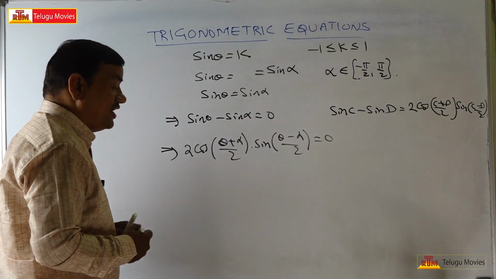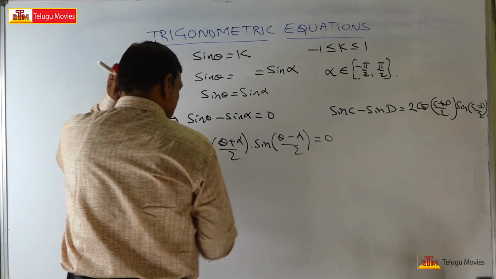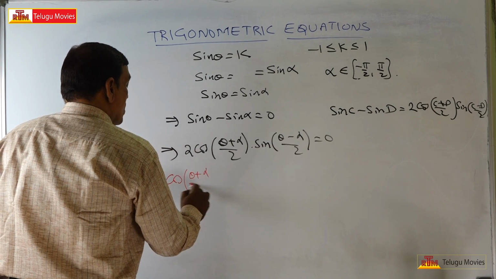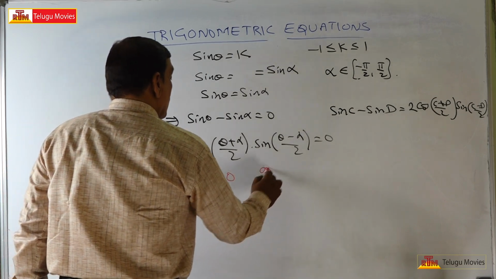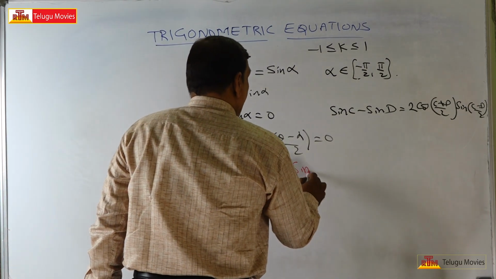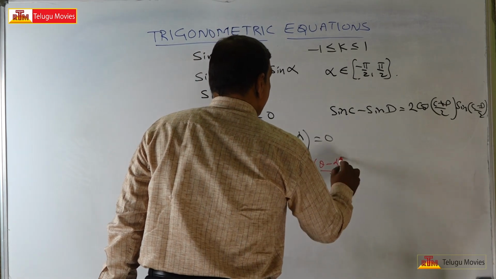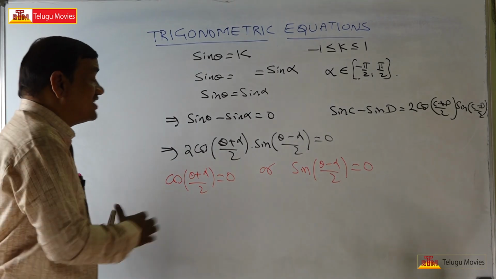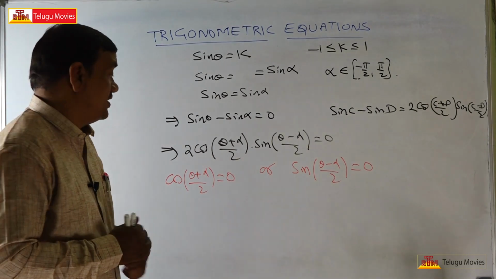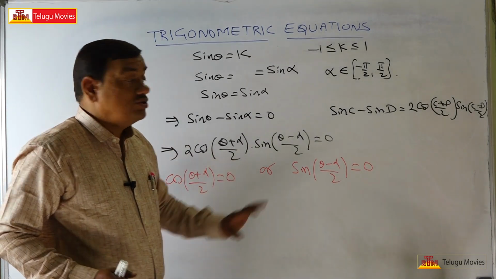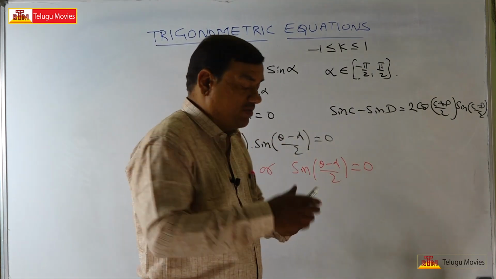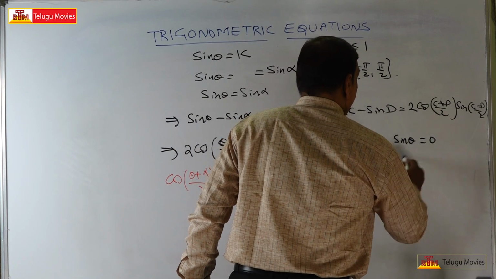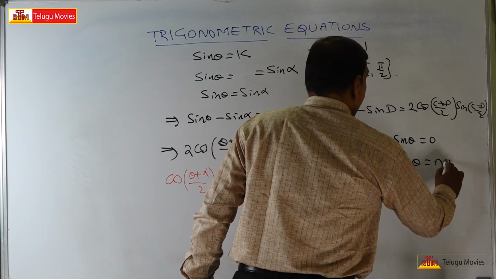Right. So here you will get two cases. What is the first case? Either cos of theta plus alpha by 2 is equal to 0 or sin of theta minus alpha by 2 is equal to 0. Just now we have seen, if sin theta is equal to 0, this implies theta is equal to n pi.